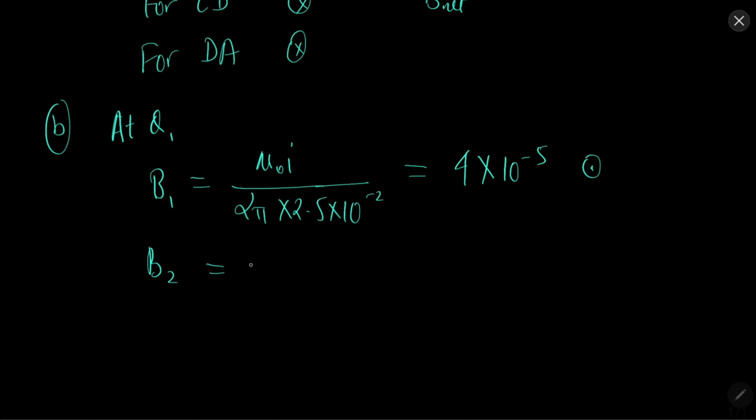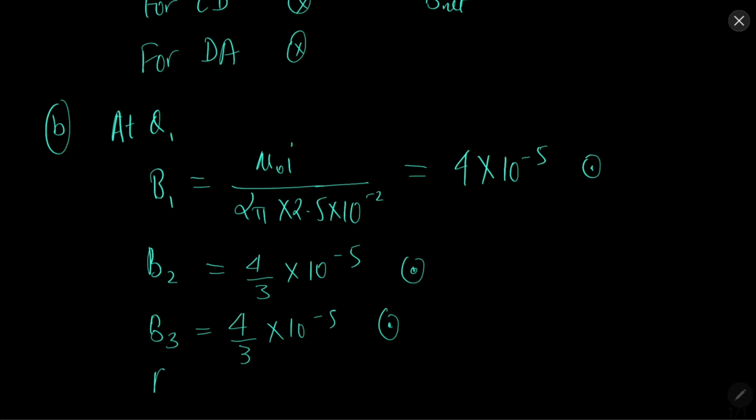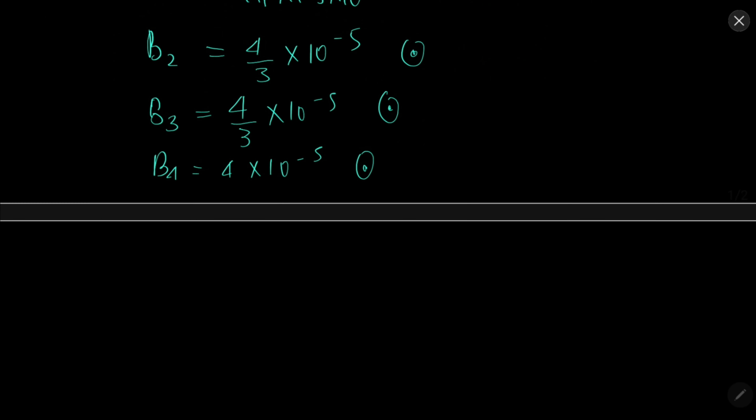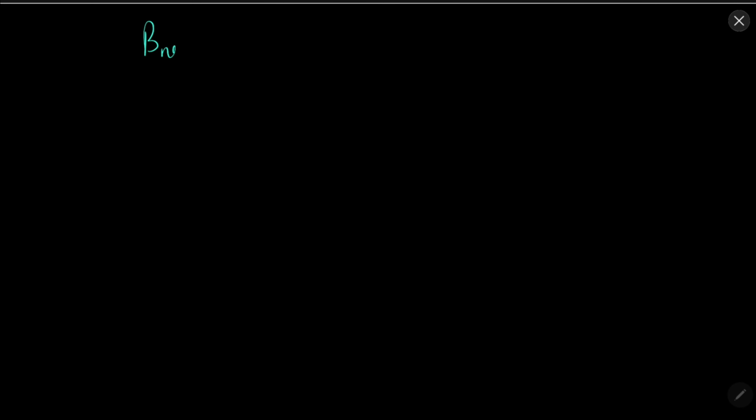Similarly, due to B2, it will be 4 by 3 into 10 to the power minus 5 outside. Due to B3, it will be 4 by 3 into 10 to the power minus 5 outside. Due to B4, it will be 4 into 10 to the power minus 5 outside. So the net field will become 1.1 into 10 to the power minus 4 Tesla. Add all of them.